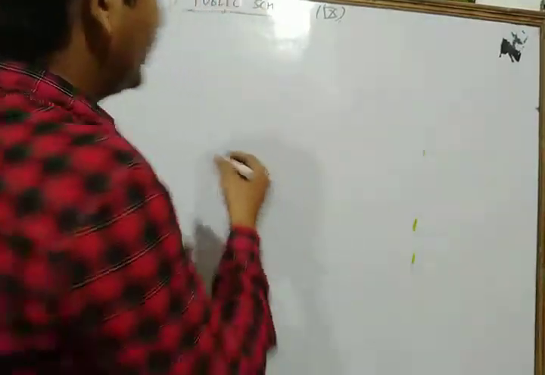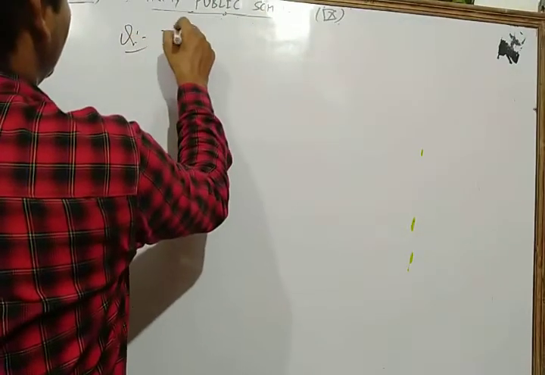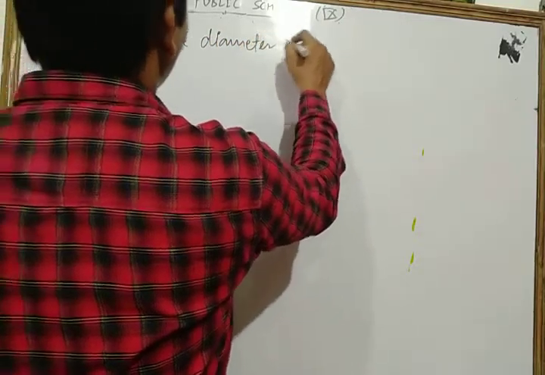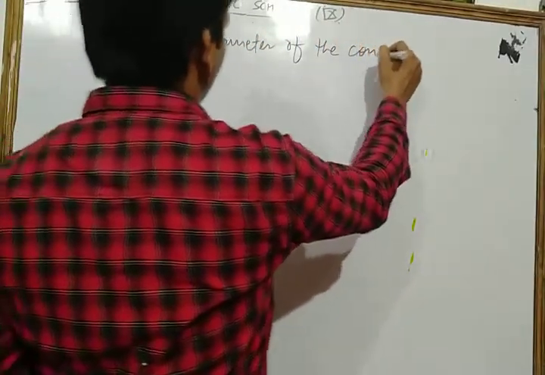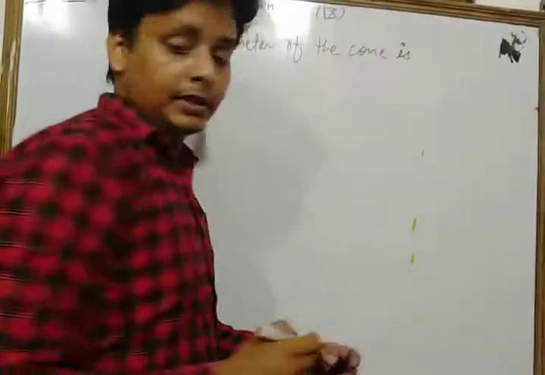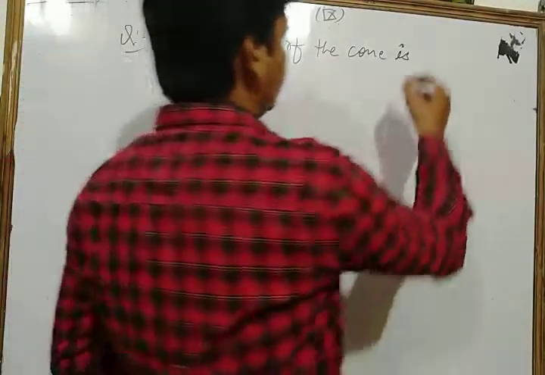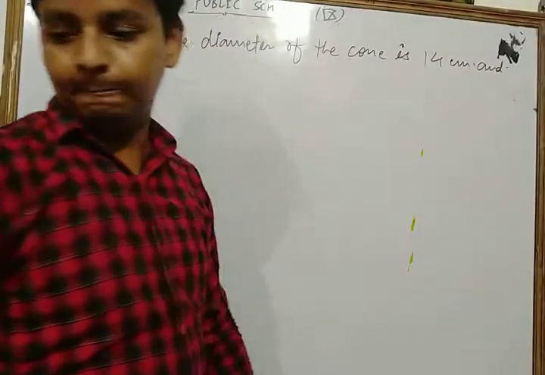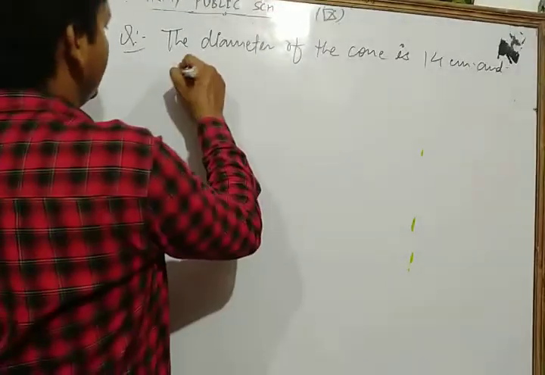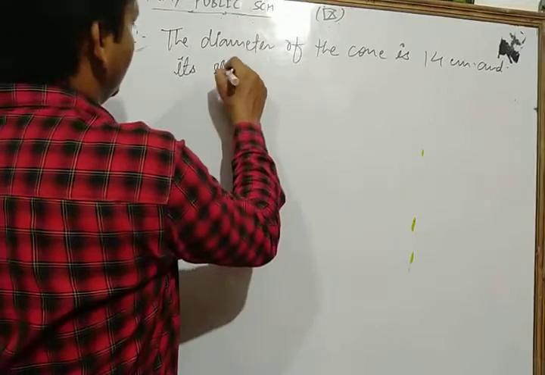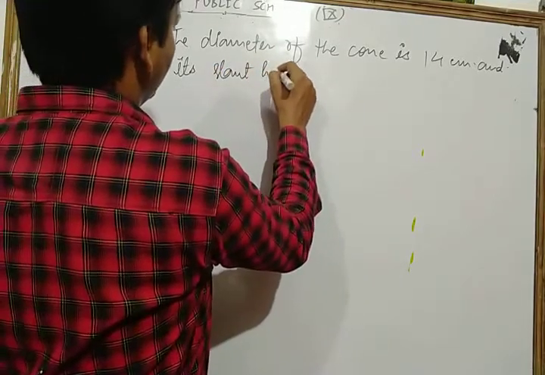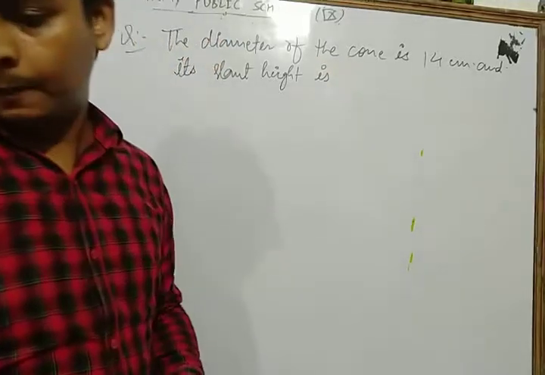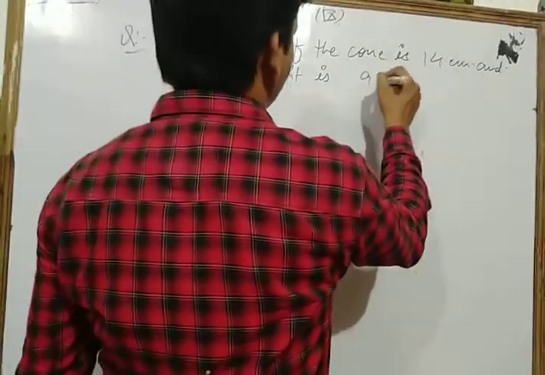Let's see the question based on the cone. The diameter of the cone is 14 centimeter and its slant height is 9 centimeter.